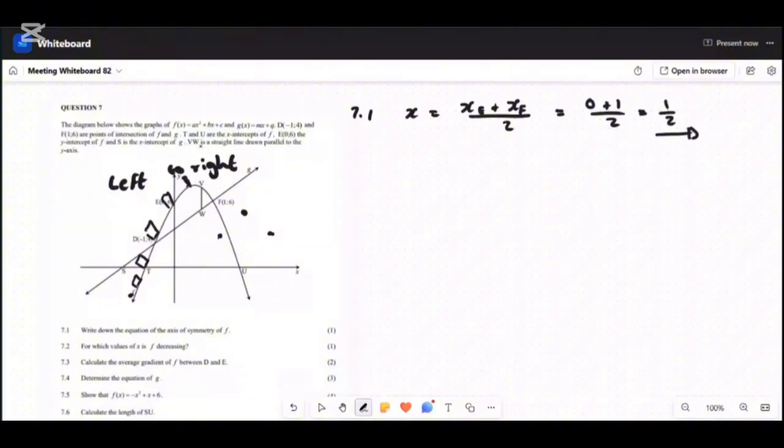My box is going upwards up to the turning point, right? After the turning point, my box now will be going downwards, downwards, downwards.